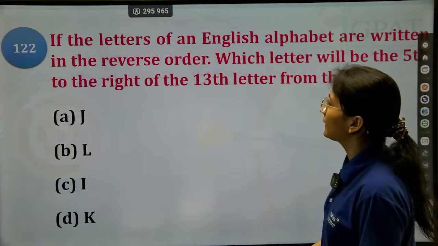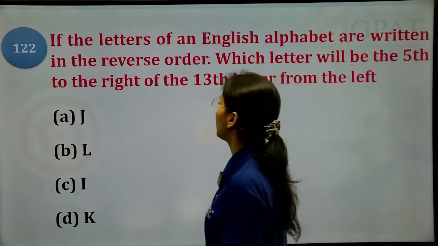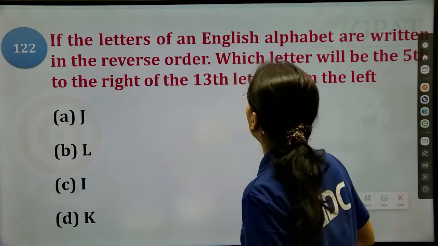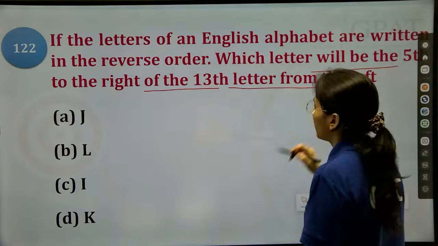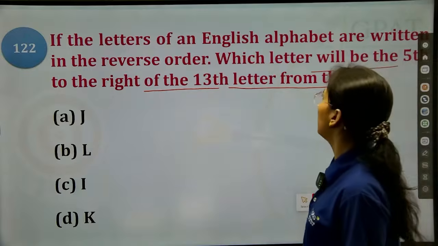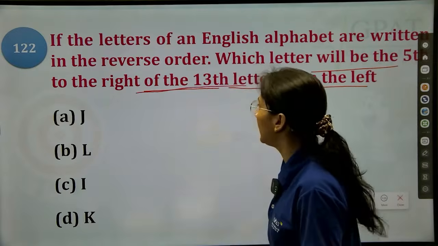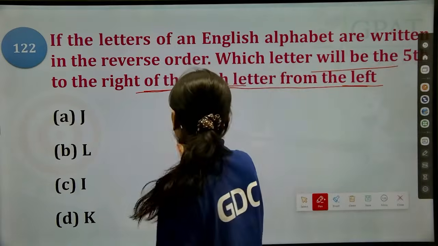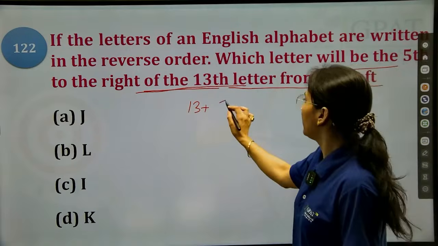Next is, if the letters of the English alphabet are written in reverse order, which letter will be the fifth to the right of the 13th letter from the left? So directly we can use 13 plus 5 is equal to what?